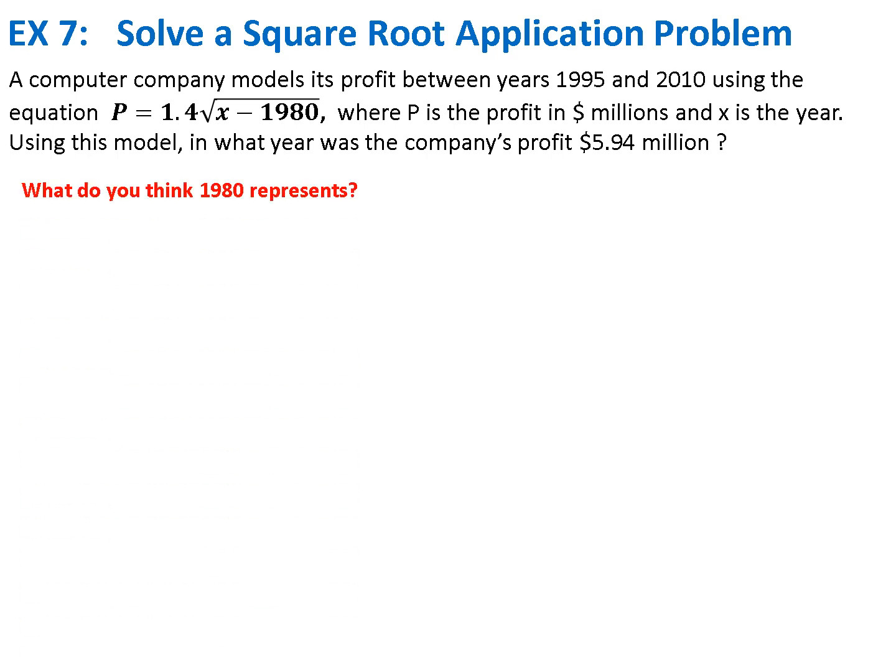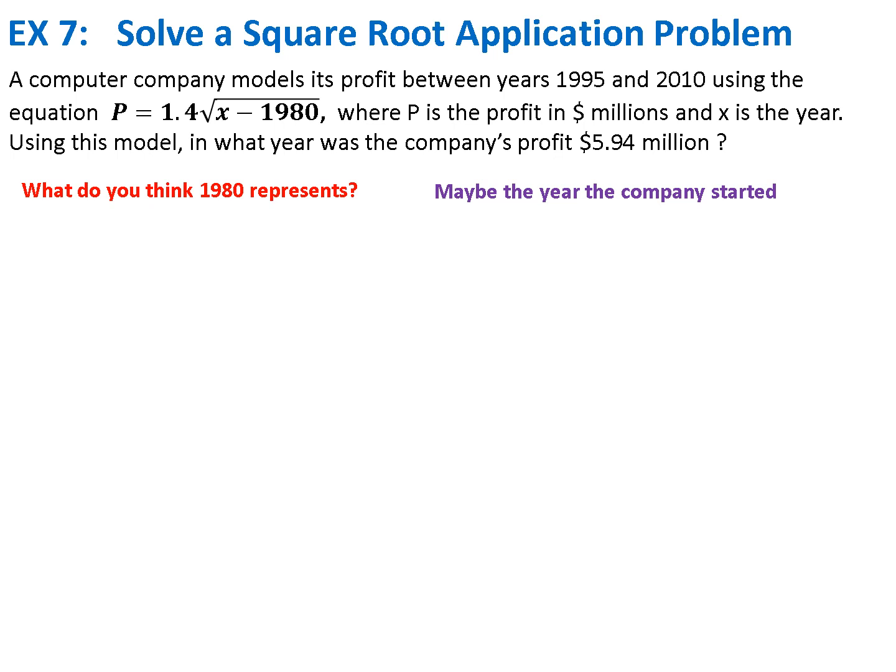Well, the first thing, let's just talk for a second. What do you think the 1980 represents? Without any further data, we could say that it represents maybe the year the company started, maybe the year they first started tracking this data. Really, without any further information, it could represent a multitude of things, in terms of years.